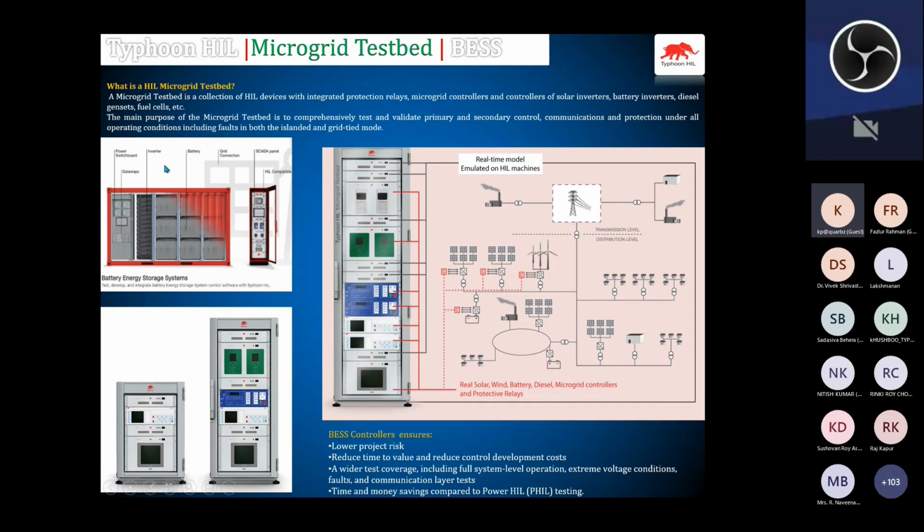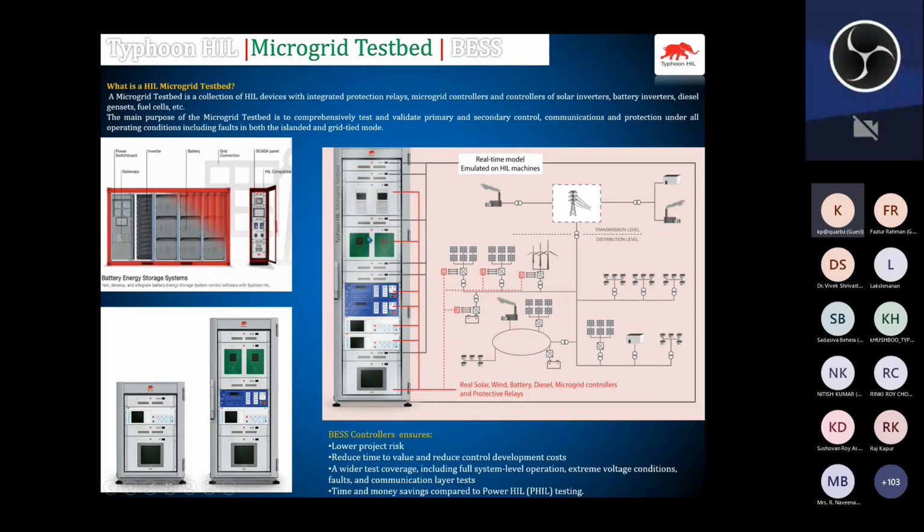Regarding the battery energy storage system, this is a kind of battery energy storage system where you can find the power switchboard, where you have the gateways, the inverters, the battery, the grid connection, and you can connect with the SCADA panel.